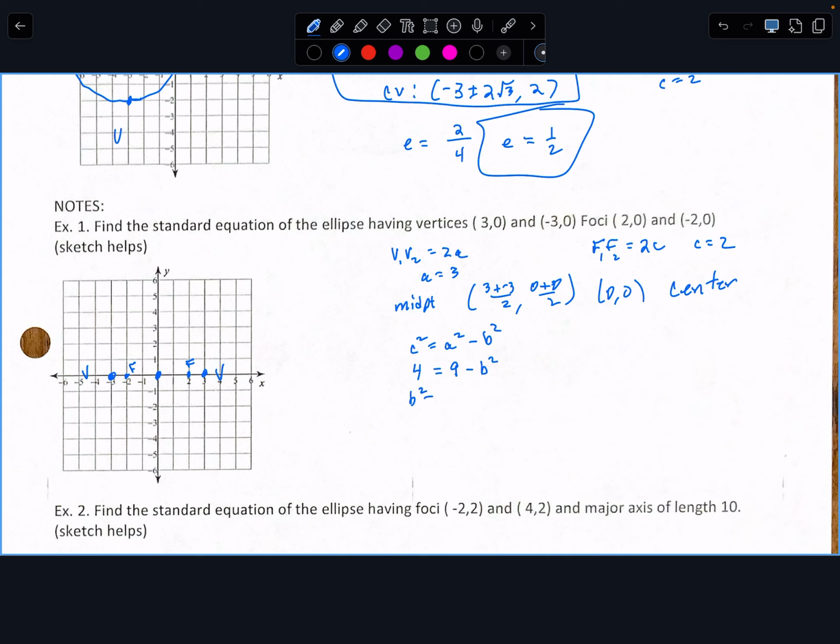So I can get b squared by taking 9 minus 4. And b is the square root of 5. And so my covertices are going to be up and down from the center, the square root of 5, which is just slightly over 2. So here's a covertex, and here's a covertex.